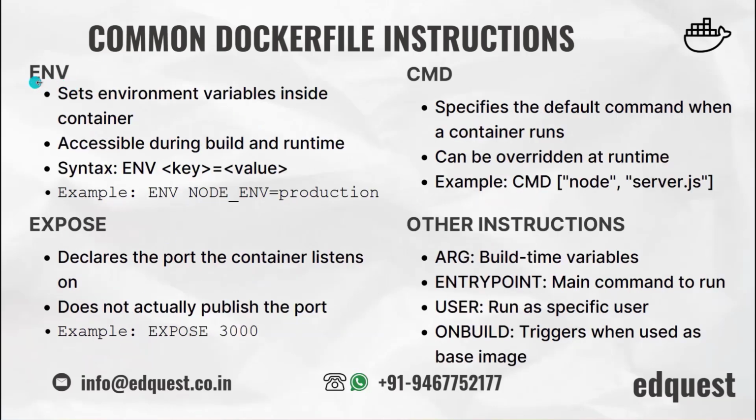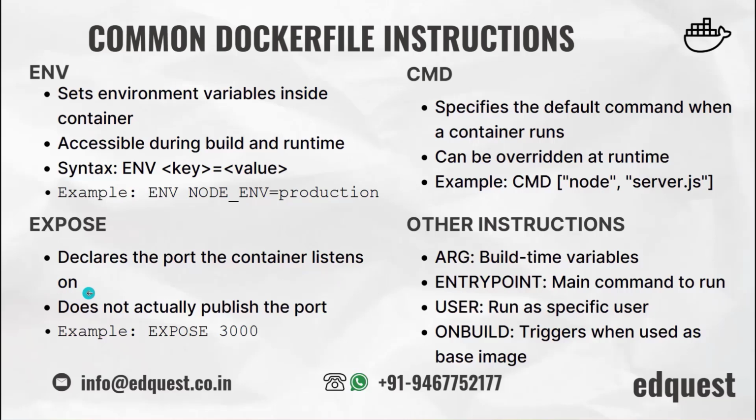Now let's talk about ENV. ENV is used to set environment variables inside the container. These variables can be used during both the build process and runtime. The syntax is ENV key=value. EXPOSE declares which port the container will listen on at runtime.